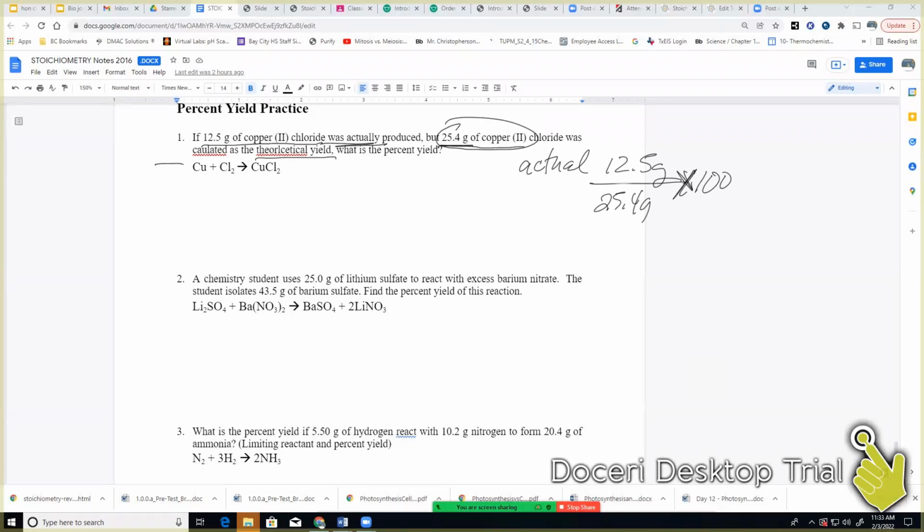So what do we get for that one? 49.2%. So limiting reactant can be a really long percent yield. This one, because I'm already given my theoretical, I don't have to do the calculation to get there. This is a really nice short one.